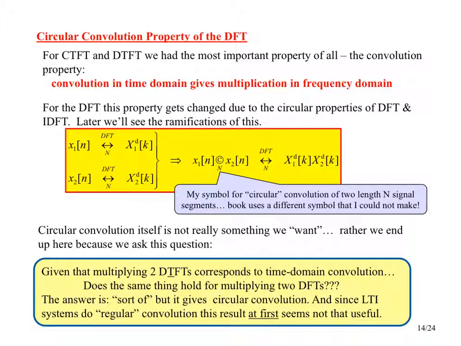So this result for CTFT and DTFT allows us to say, hey, systems really do convolution, theoretically, but instead of analyzing them in terms of convolution, we can more easily analyze them over in the frequency domain in terms of multiplication. Now, because of the circular properties of the DFT and the IDFT, we have to modify this result when we try to do a version of it for the DFT.